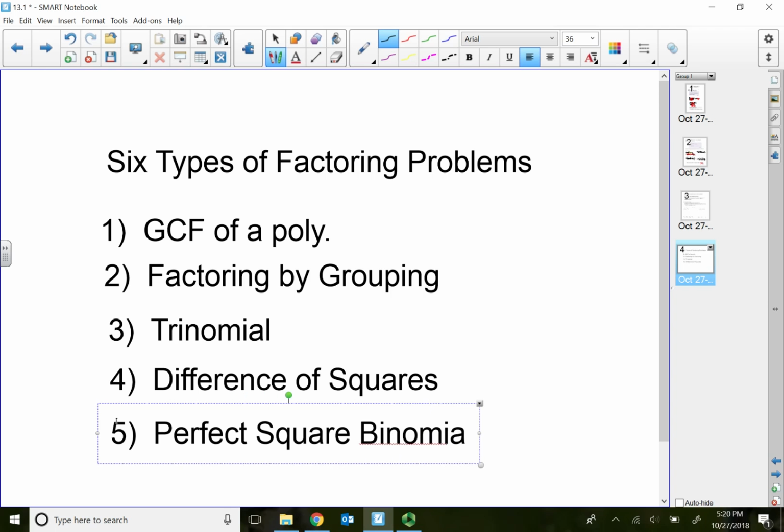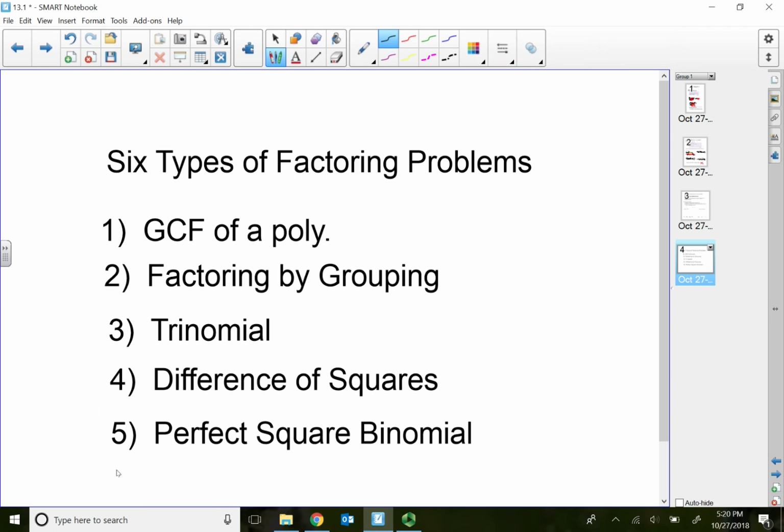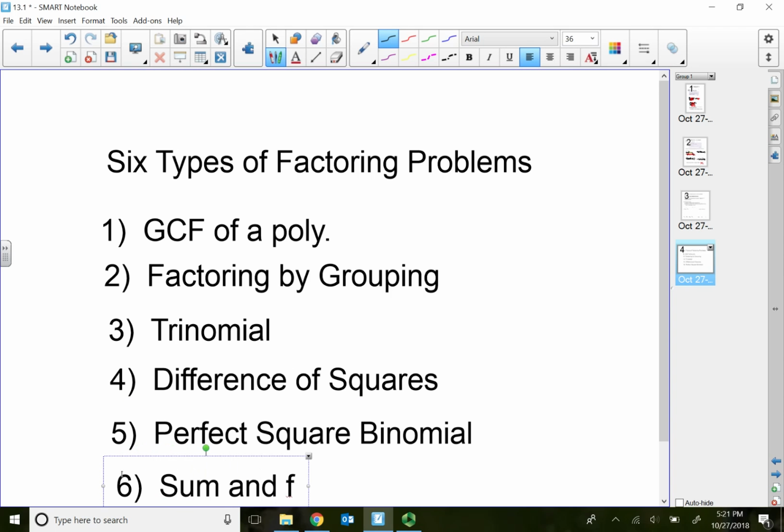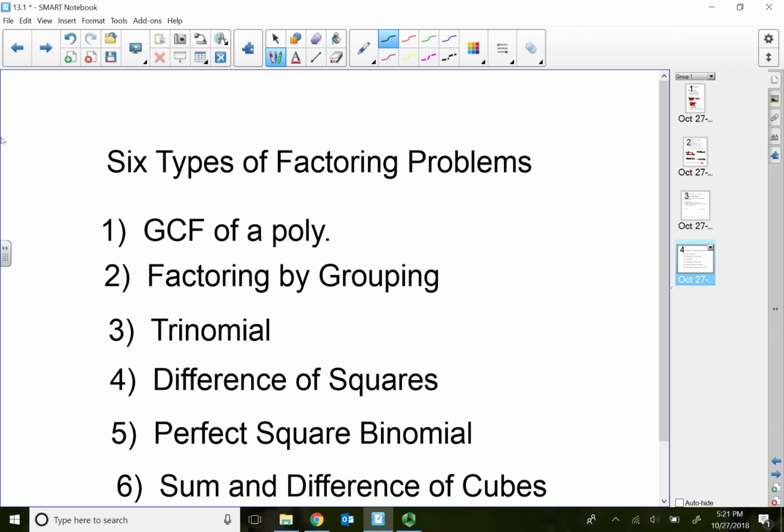I call it perfect square binomial. And the sixth type is called the sum and difference of cubes. Okay, so these are the 6 types I'm going to show you from module 13.1 to 13.4.